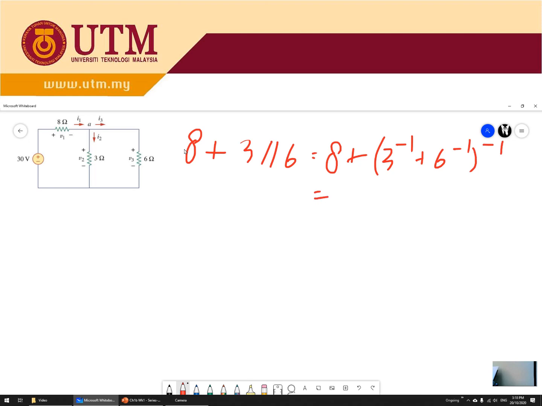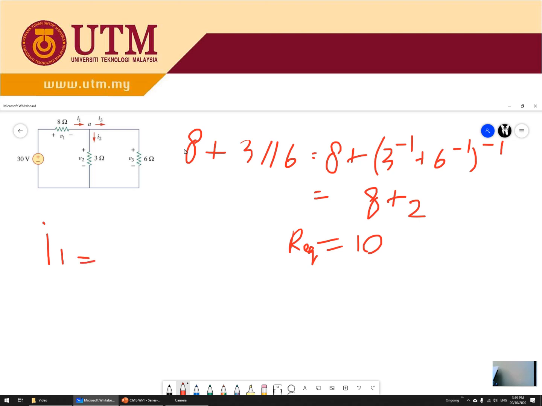Using a calculator, 3 parallel with 6, you get 2, then plus 8, so 10. So you get R equivalent equals 10.